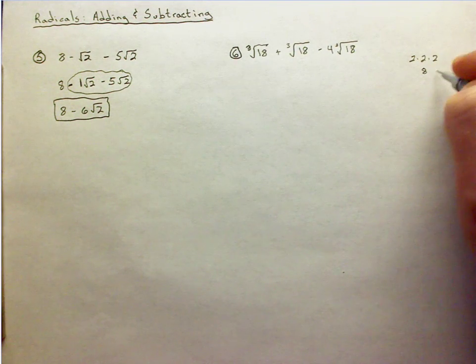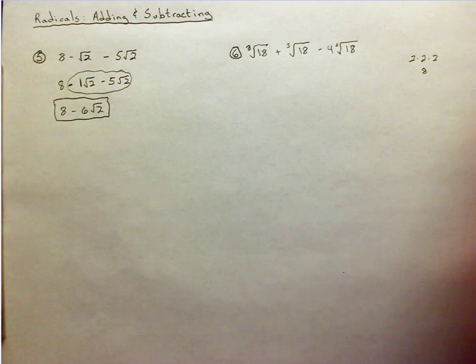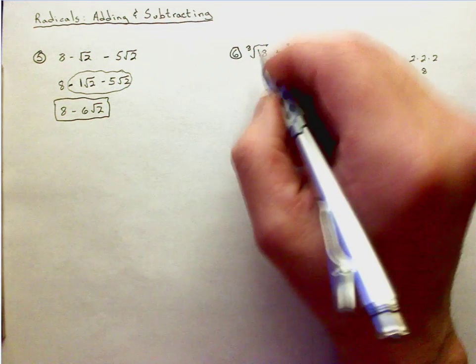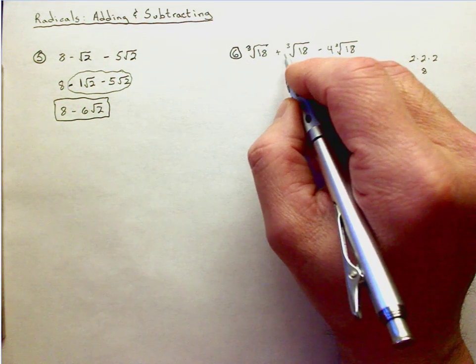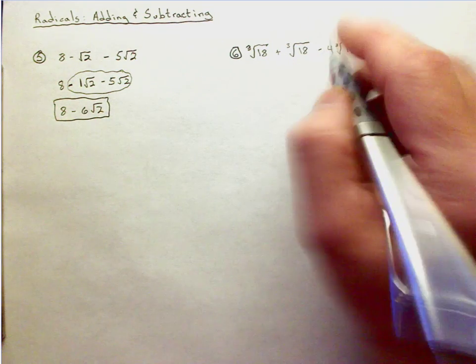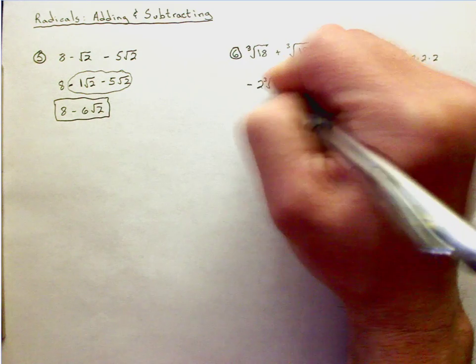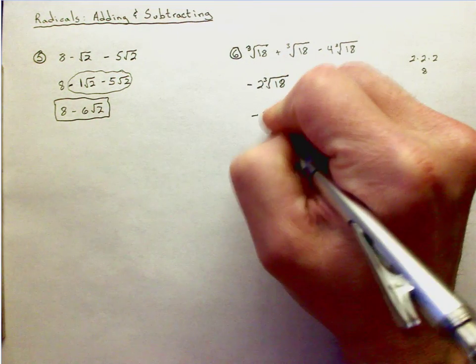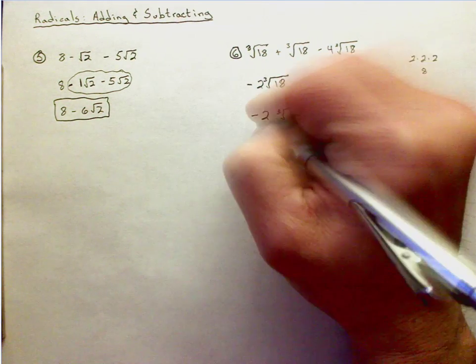Is there something times 8 that I could get to equal 18? No. So it's as though they're in their simplest form. So again, there's an understood 1 in front of both of those. So 1 plus 1 is 2, minus 4 is a negative 2. So I have a negative 2 cube root of 18.